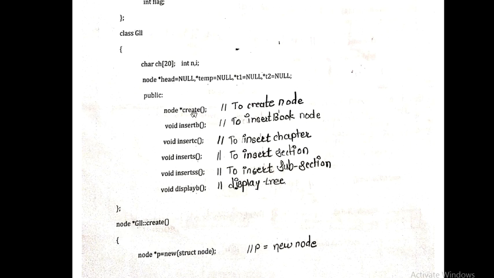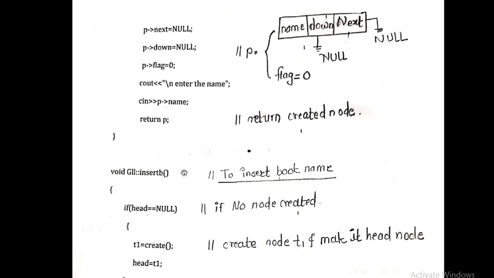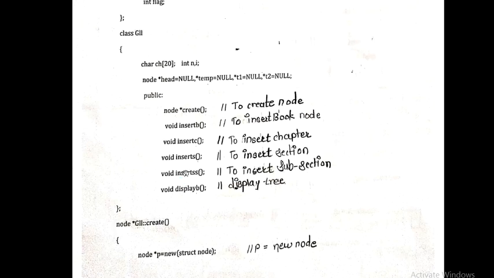I am mentioning that our create is a function of type node pointer, right? Its return type is node pointer, so I have to mention node pointer, then the class GLL with the scope resolution operator, and here we write the create function. We are not passing any kind of parameter over here. So directly we create the particular node here.